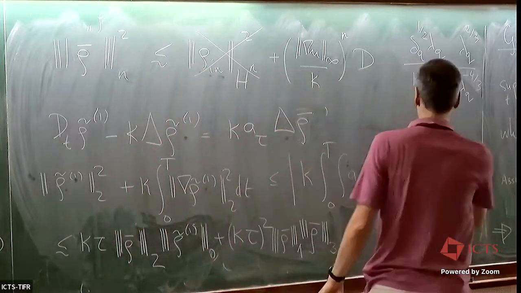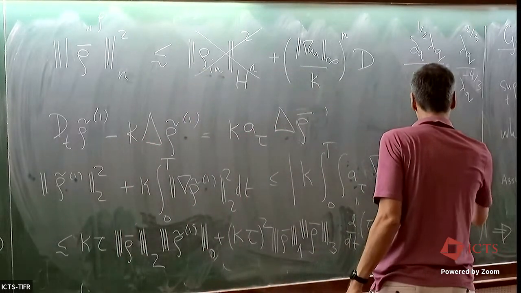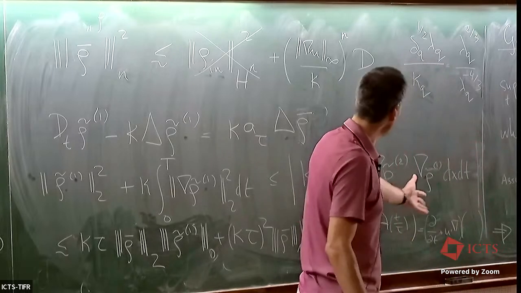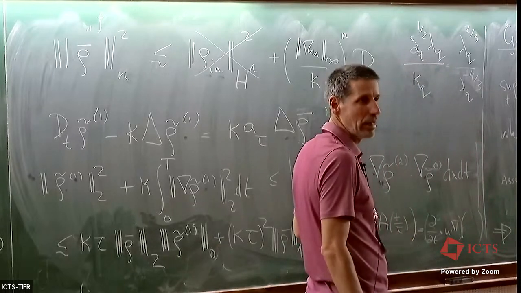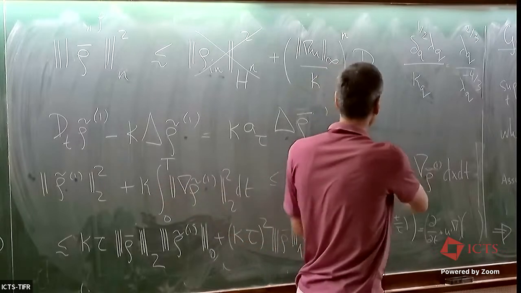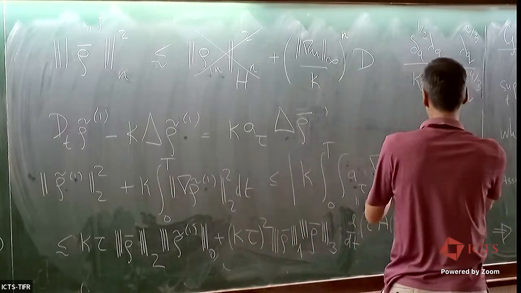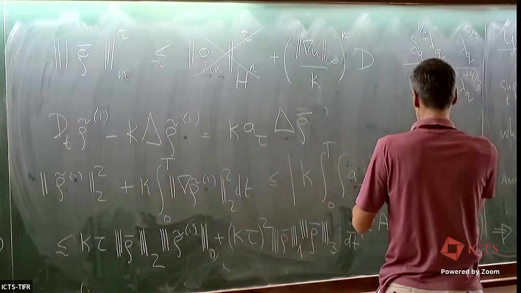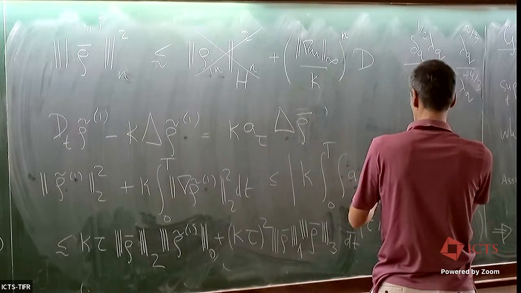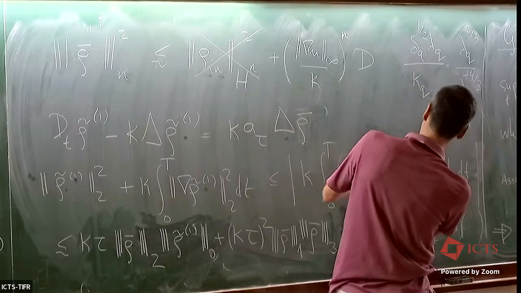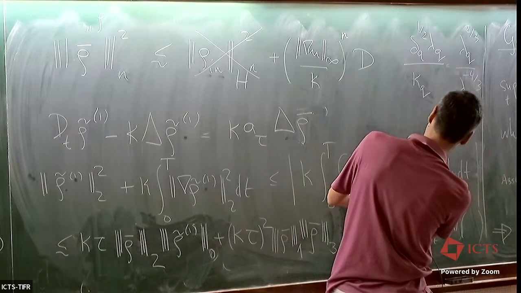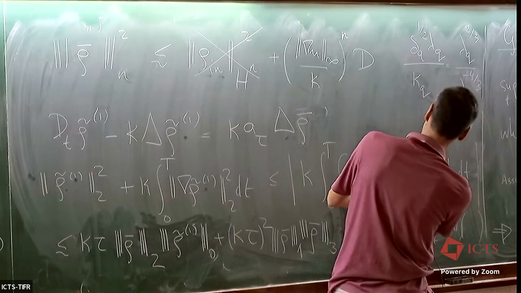I get terms with the rho 2 and the rho 1. So you have this kind of bilinear term. And in general, if I write the equation, I integrate by parts. I use the equation for the rho tilde 1. It involves rho tilde 2.